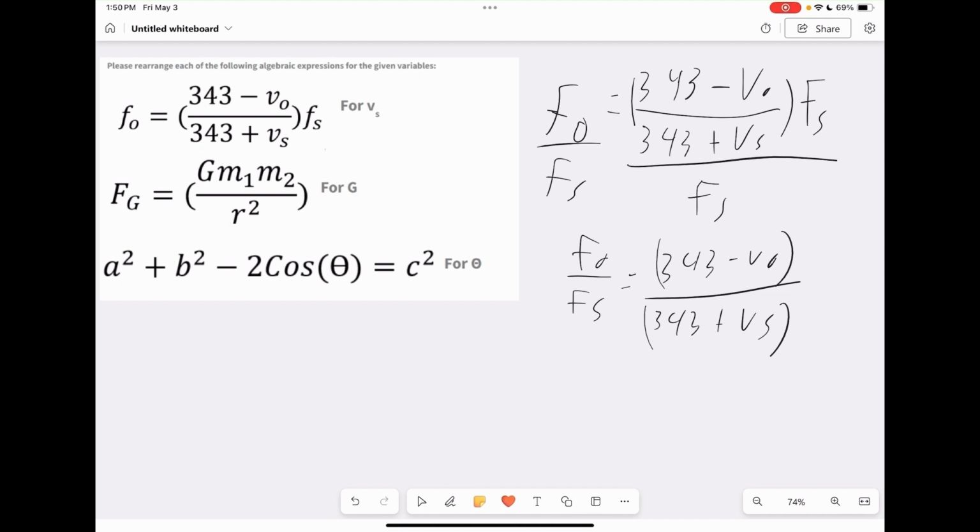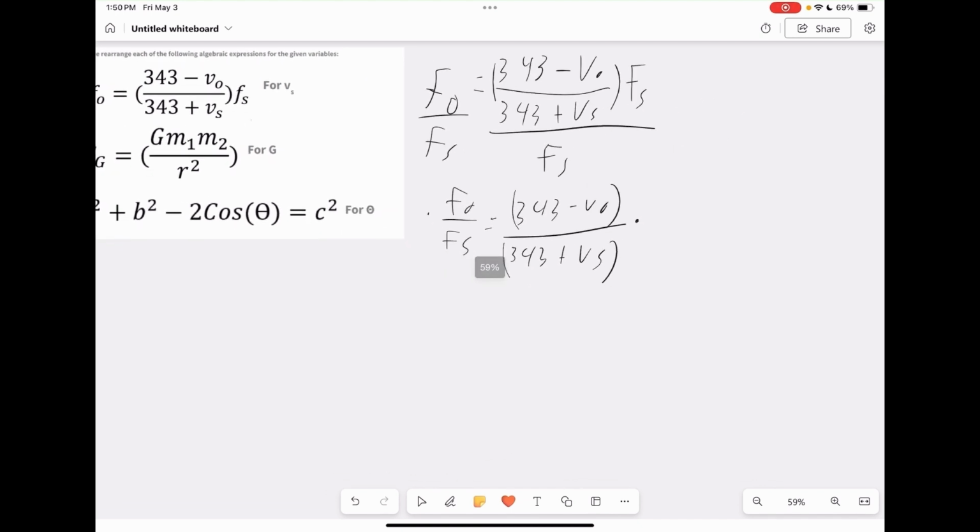All right. Now, I want this Vs on the top, so I'm going to multiply both sides of the equation by this bottom quantity, 343 plus Vs. So multiply by 343 plus Vs, which will cancel here, and then multiply this by 343 plus Vs, and it's multiplied here.